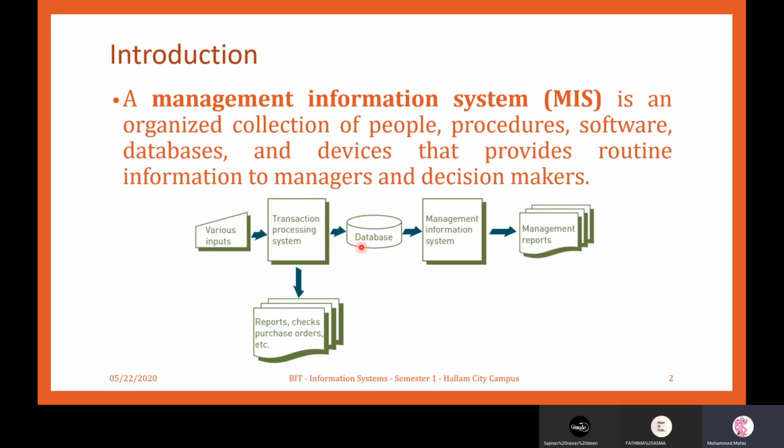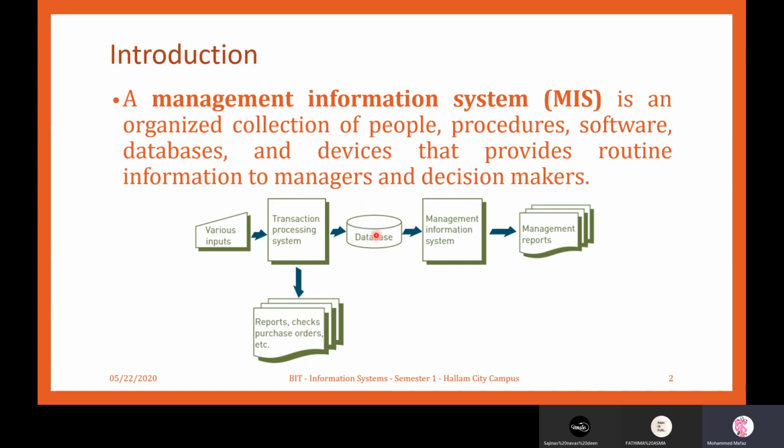So we have discussed that in a TPS you get various inputs from different sources, and we store some of them in the database, or we generate some simple reports, or maybe utilities, bills, checks. All these can be printed out of these TPS systems.